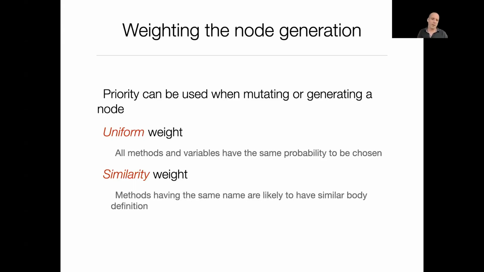And we have the similarity weight, which means that if we try to fill the body of a method, we look for other methods in the system, and we try to use the weight determined on the other methods that have the same name. So the intuition behind it is that if I have two methods that have the same name, then it is likely that the body will be similar.